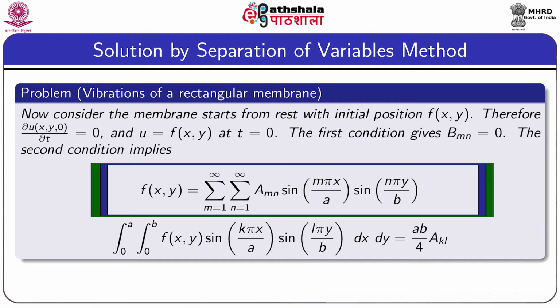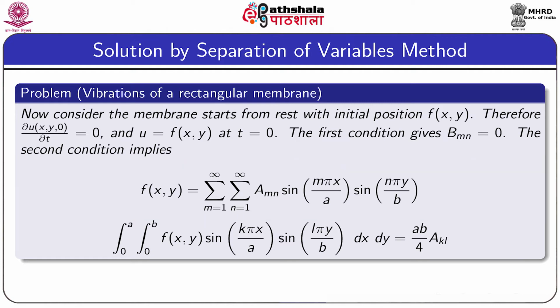f(x,y) equals sum over m, sum over n, a_mn sin m pi x by a into sin n pi y by b. So, from this expression it is clear that it represents a double sine Fourier series.